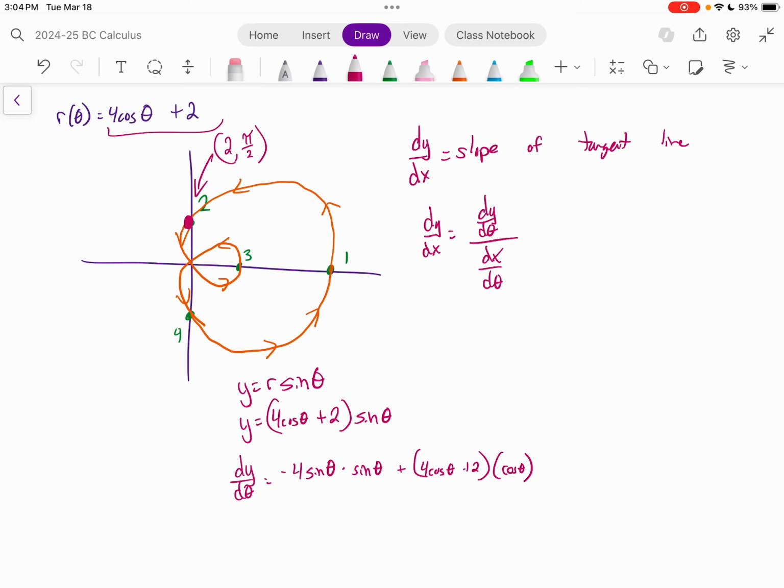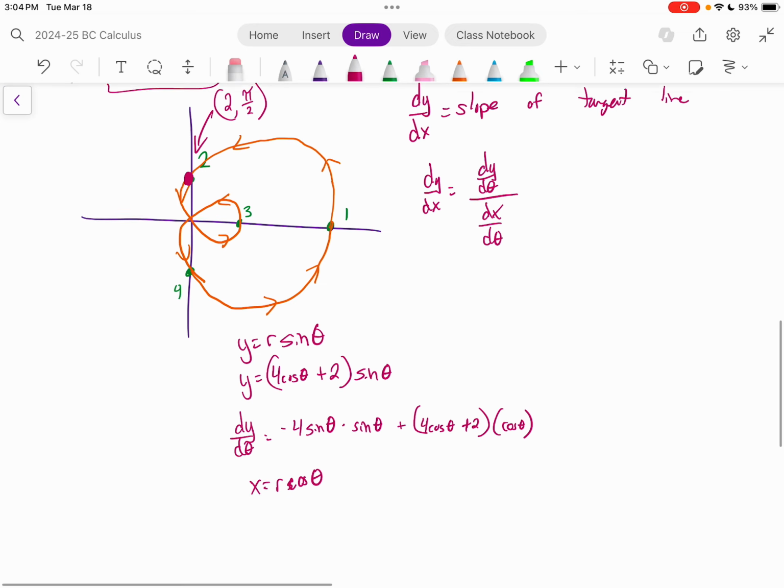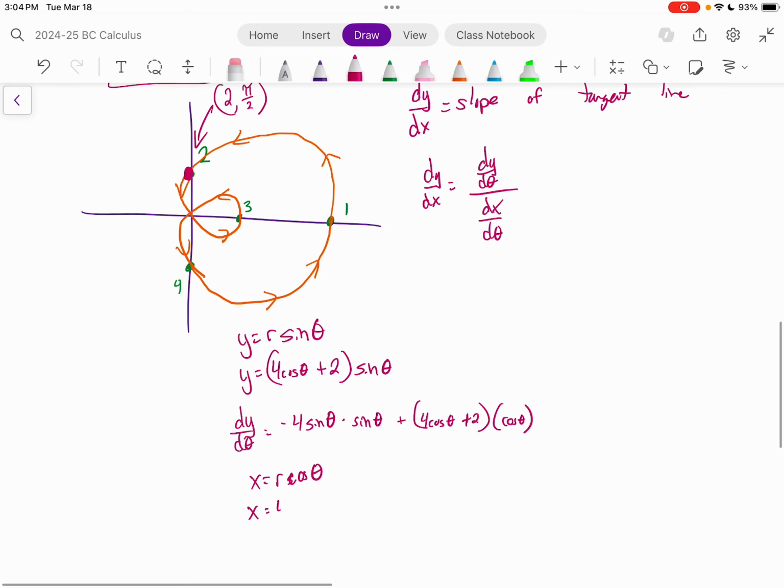Well, that's awful, but that's what it is. And then dx/d theta, similarly, x is r cos theta. So that would be (4 cosine theta plus 2) times cosine theta.